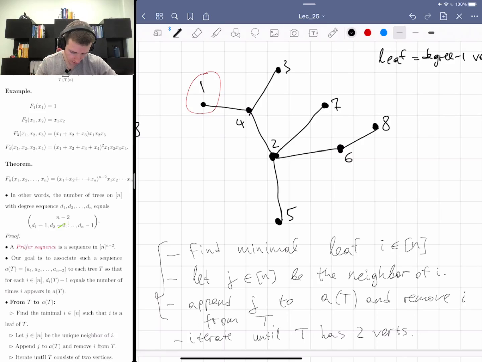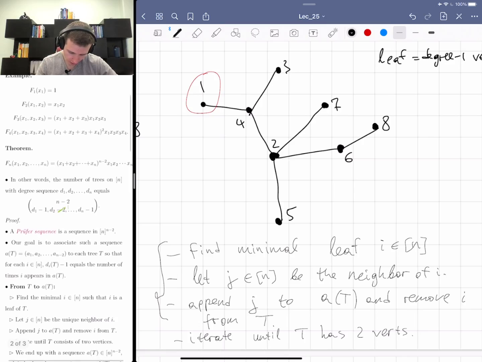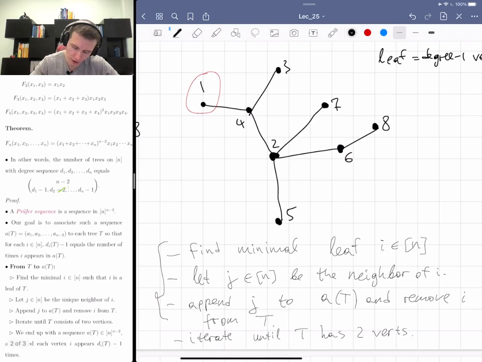So let me try to do this in this case. A of T is what? First, the minimal leaf is 1, so I record 4.